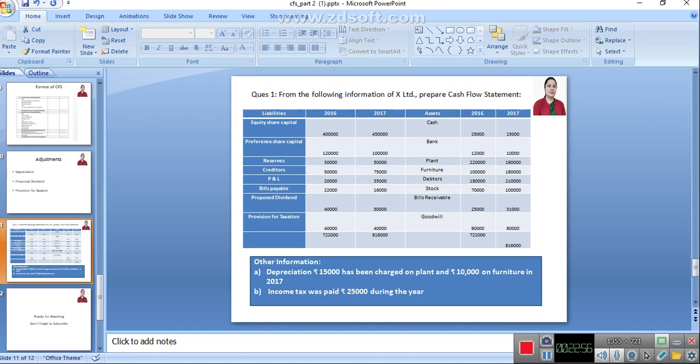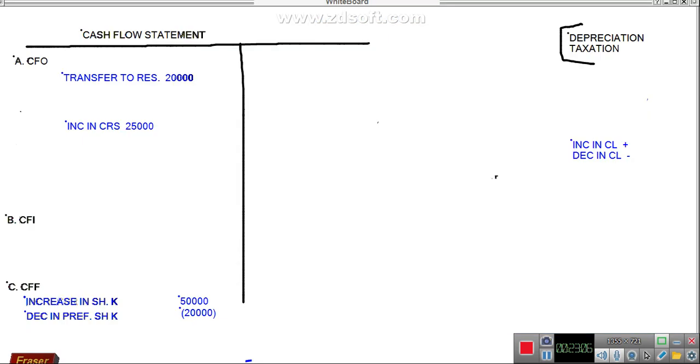After this, next is P&L account, 20,000 and 35,000. P&L is showing a 15,000 increase. So this increase of 15,000 is the net profit made during the year. So 15,000 will be added here.